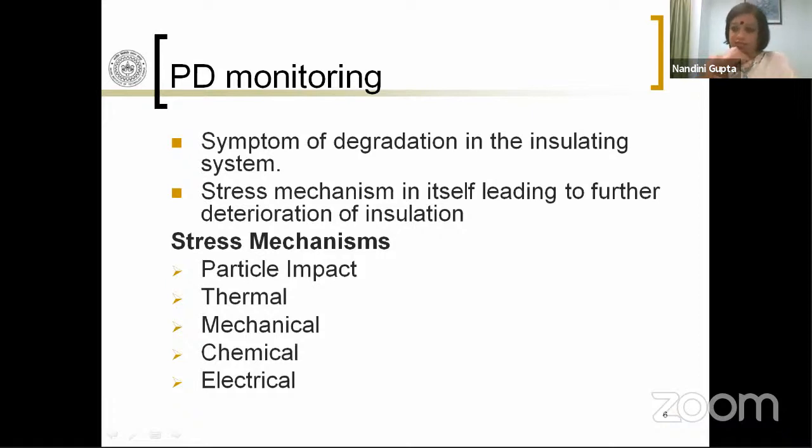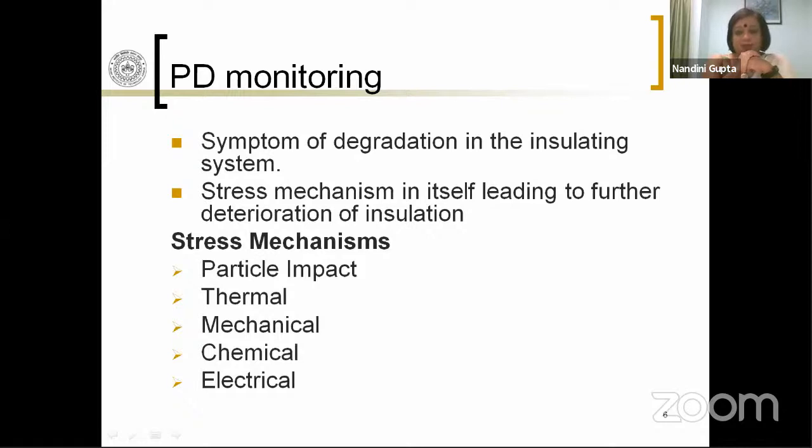And in terms of condition monitoring of power equipment, it is very important to condition monitor the insulation, because very often power apparatus fail because insulation fails. And if you are familiar with condition monitoring, you will also be aware that PD monitoring forms a very important part of condition monitoring. And why is that?